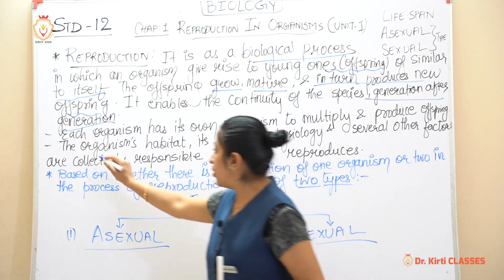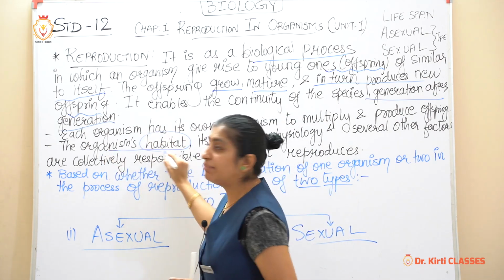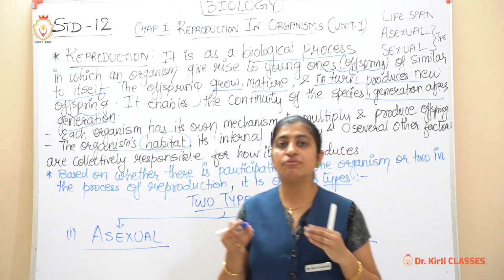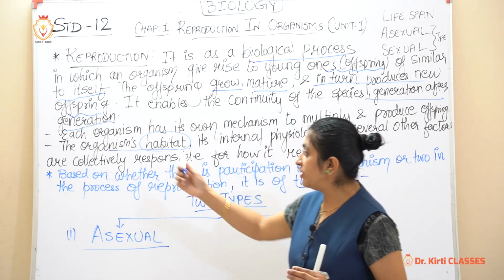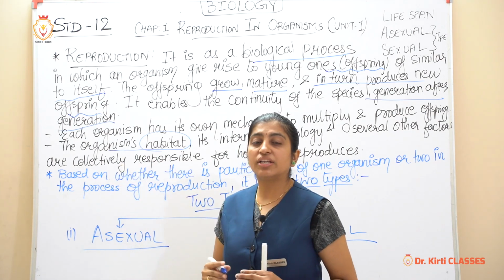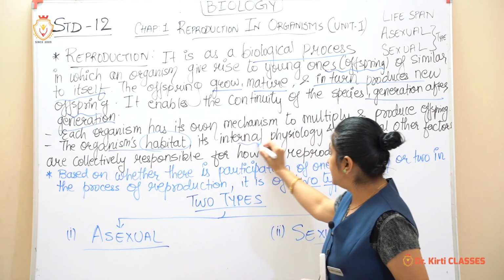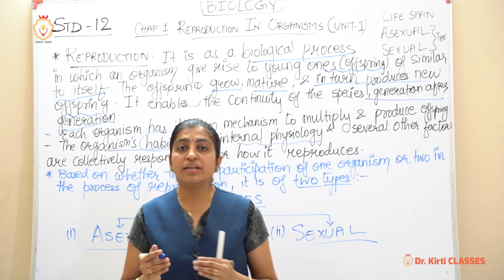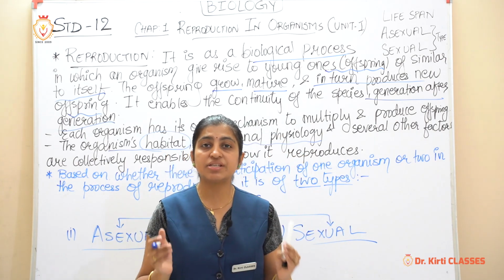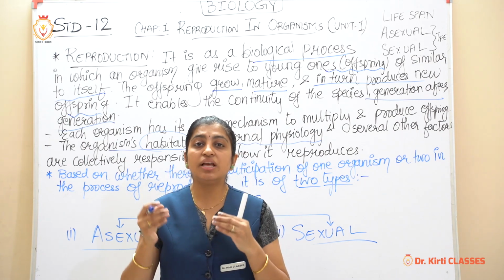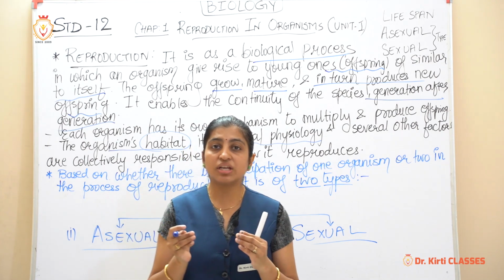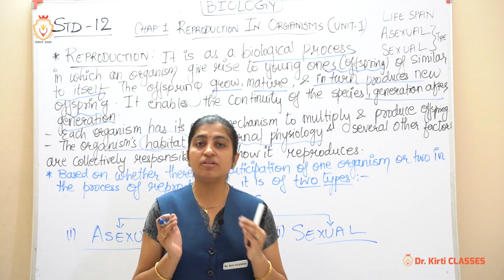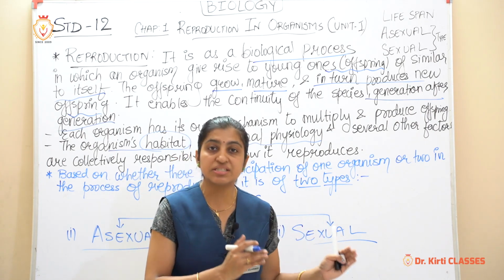So number one, the organisms depend on their habitat. Habitat means where they are living, either on land or in water. Then it depends on the living organism's internal physiology. Again, we know the animal kingdom, plant kingdom, all the classification is done according to the level of organization. Some organisms are made up of only a cell, some are of tissue level, some of organ and some of organ system.